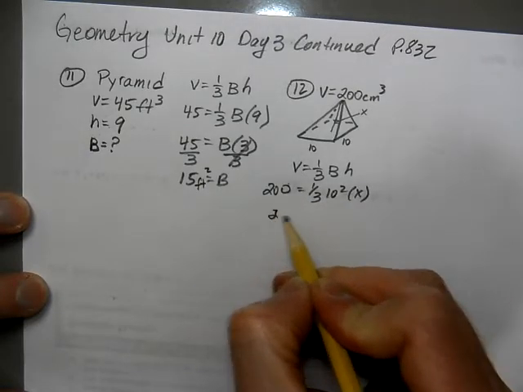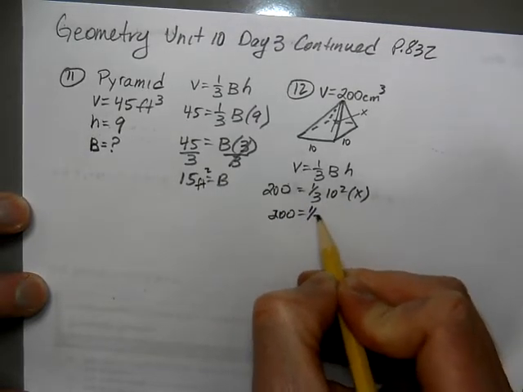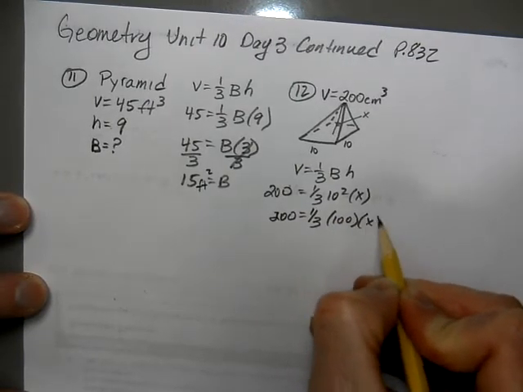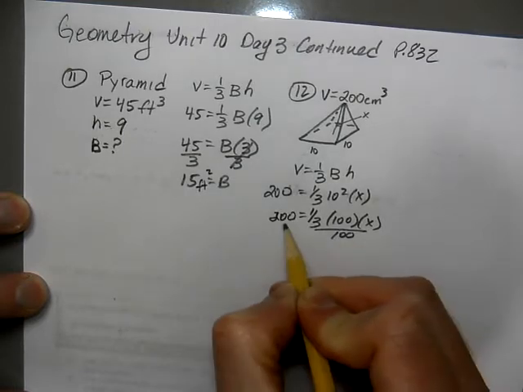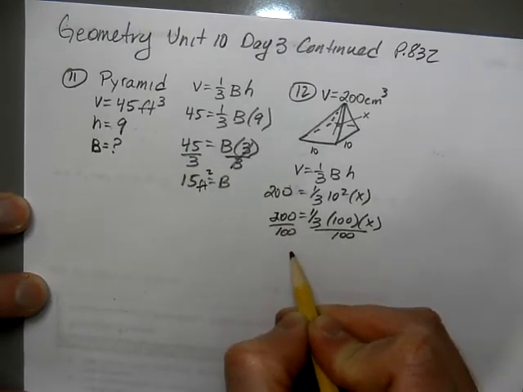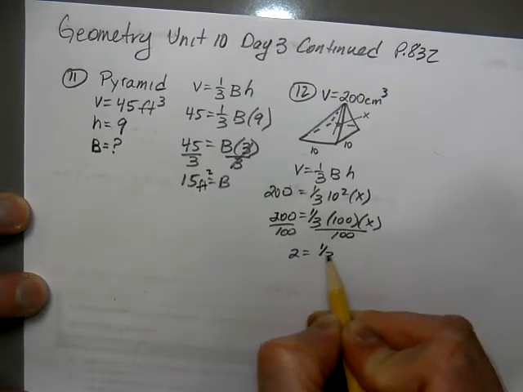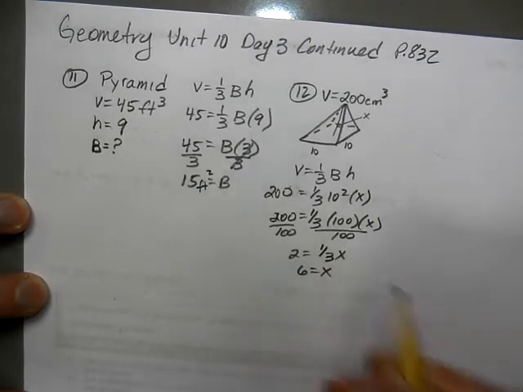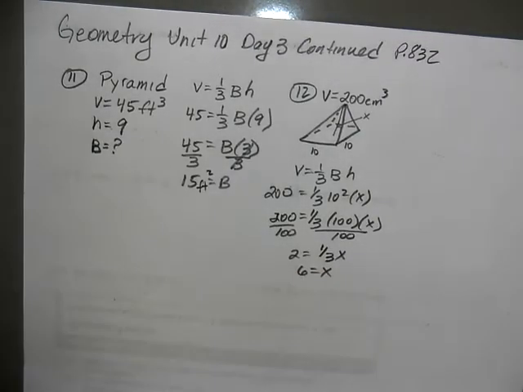So we're going to get 200, we'll divide that by 100, multiply both sides by 3, and the height would have had to have been 6.